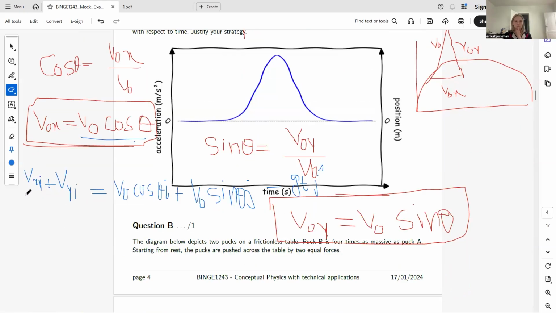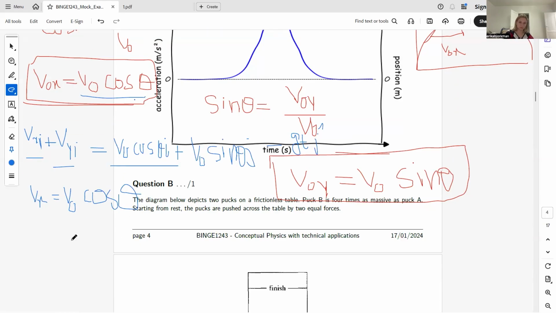Now what you need to do is write separately the horizontal and vertical components. So Vx is equal to V naught cos of theta. That is the only term here for the horizontal component. And for the vertical component, Vy is equal to V naught sine of theta minus gt.